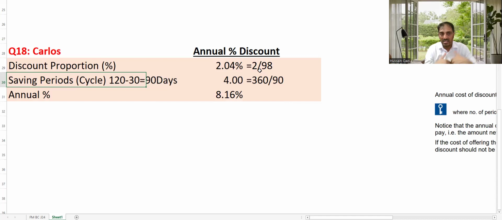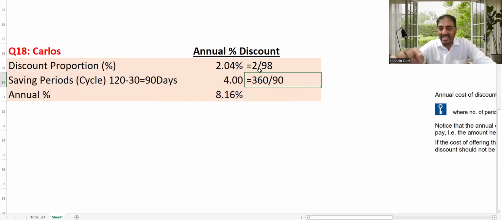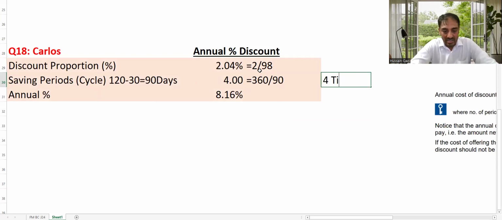You need to apply 360 divided by 90. If the data is given in months, for example, 1 month earlier, normally 3 months, now you are offering 1 month, so 12 months divided by 2. Here 360 divided by 90 days. 90 days means 90 days early settlement. So that is 4 times.